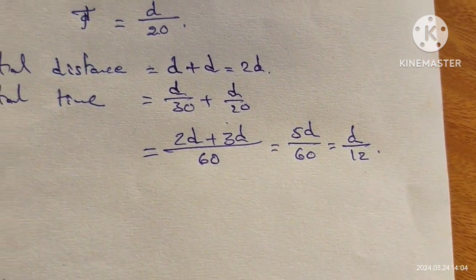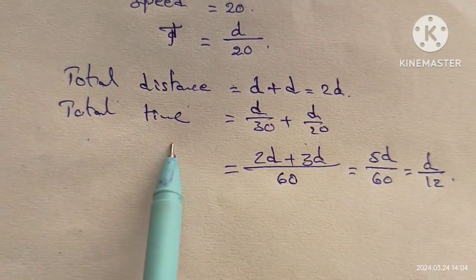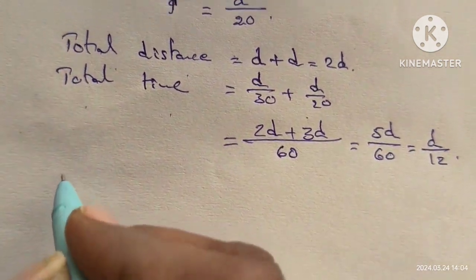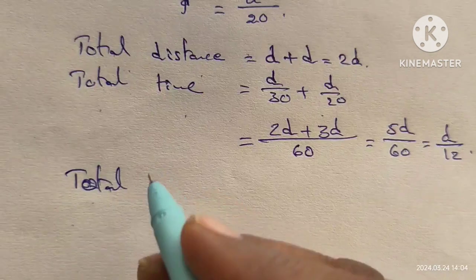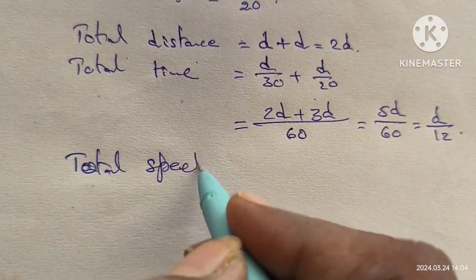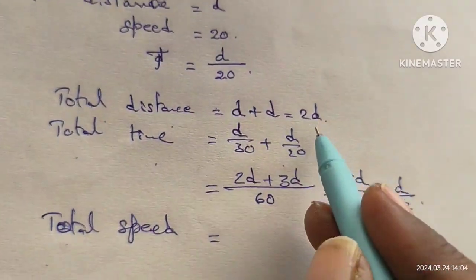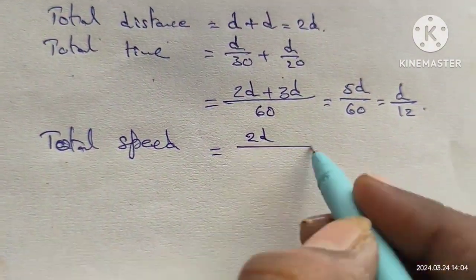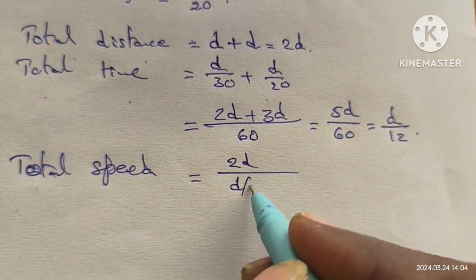That is the total time. Now you have the total distance and total time. Then the average speed on the whole journey equals distance by time. Distance is 2d by time d by 12.